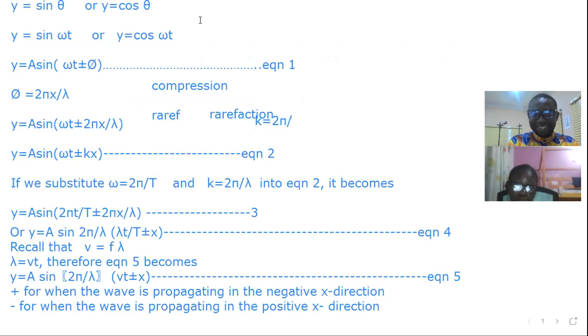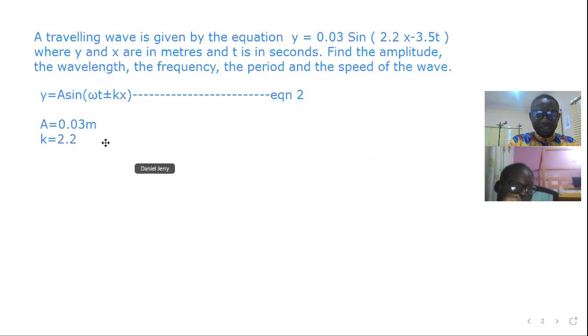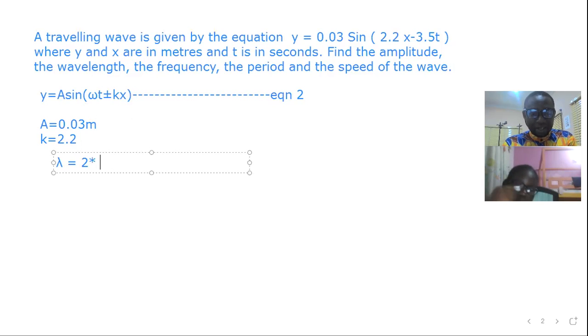Lambda is equal to 2 pi over K. That's 2 times 3.142 over 2.2. And that will be giving us what?